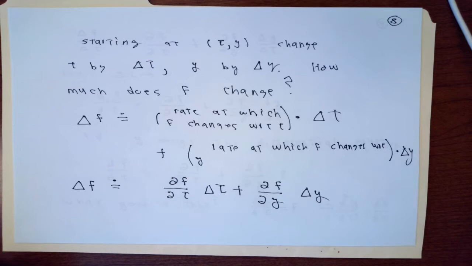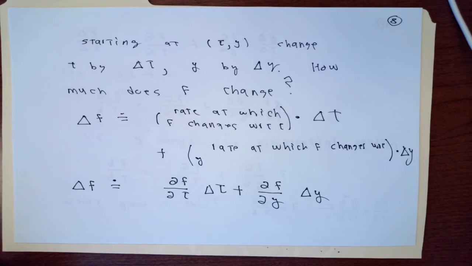Starting with some t value and some y value, I'm going to change the t by some quantity delta t and y by delta y. How much does f change? If we're thinking of t and y as being completely independent variables, then a reasonable thought is take the rate at which f changes with respect to t only and multiply it by the amount that you changed t.